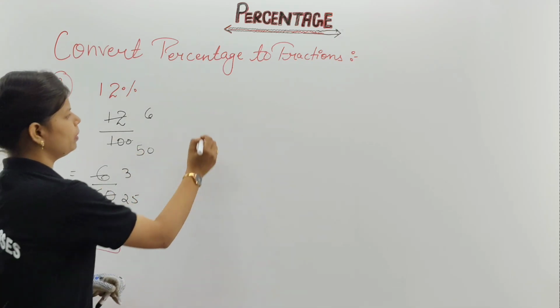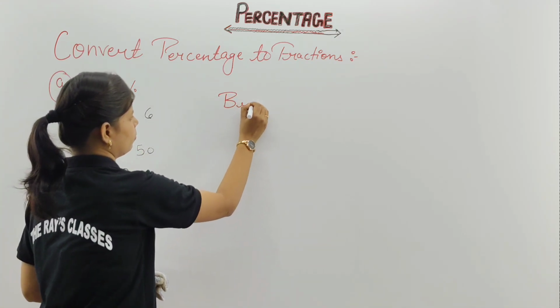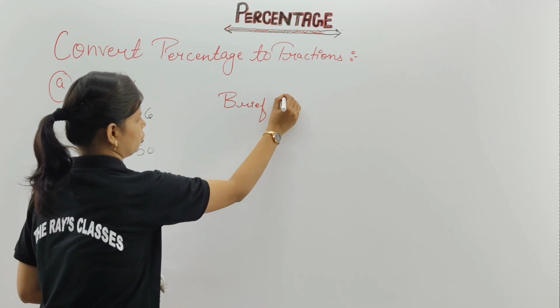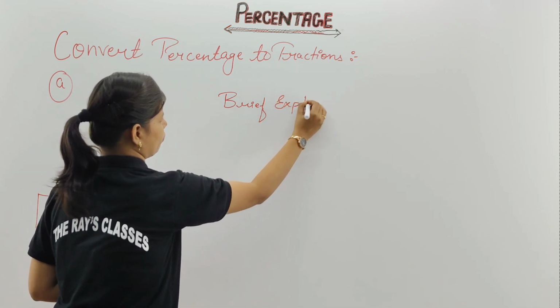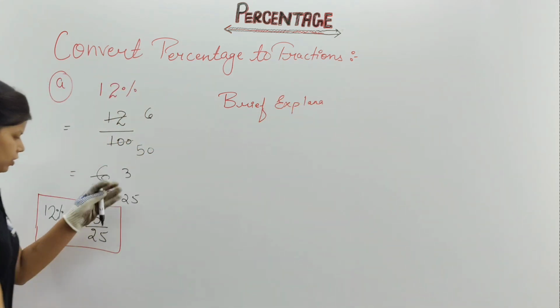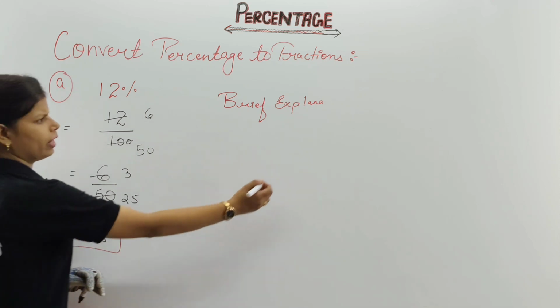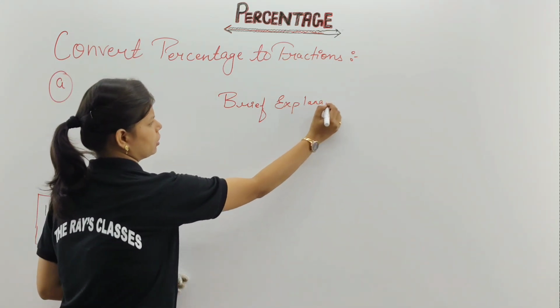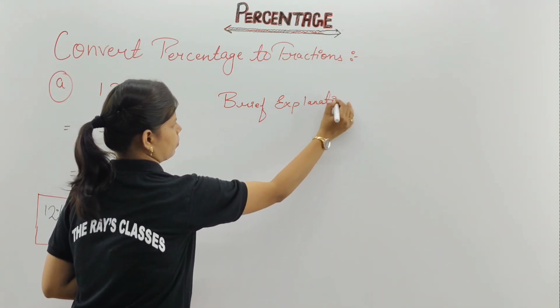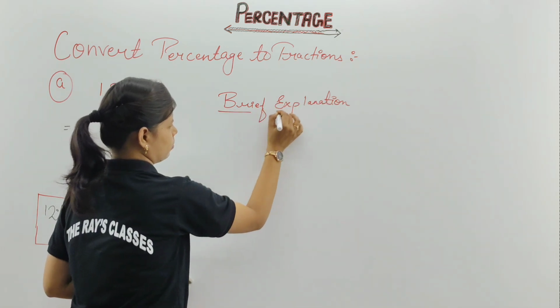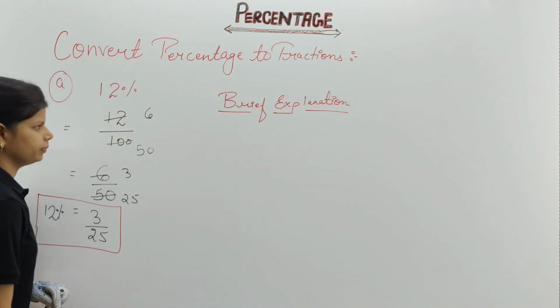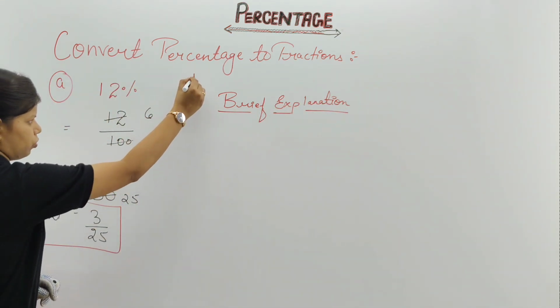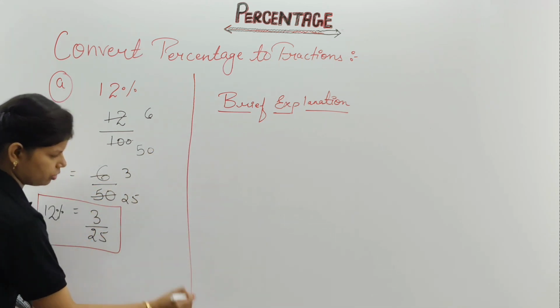Here I am going to explain in brief how I have cut each and every form. Please take a note of this one. Your heading is brief explanation. Please draw a straight line so that you will not be confused.